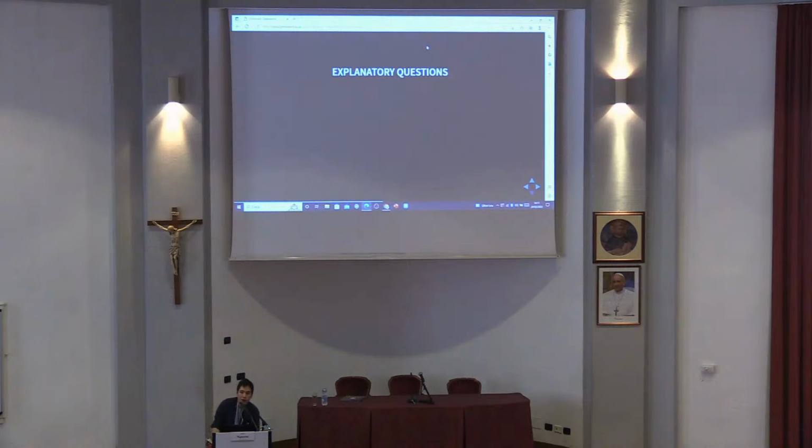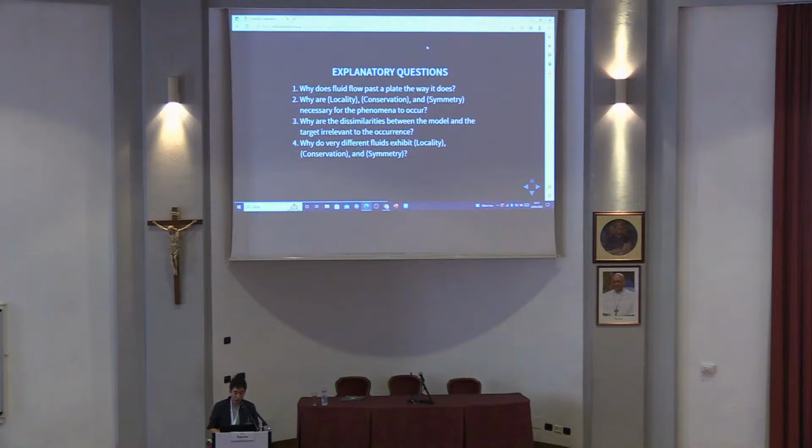What Batterman and Rice argue, then, is that the way this model works allows us to answer a particular set of explanatory questions. It provides our explanandum: it explains why, when fluid flows past a plate, it has the profile that it does.